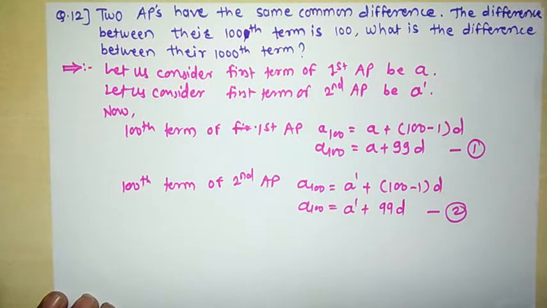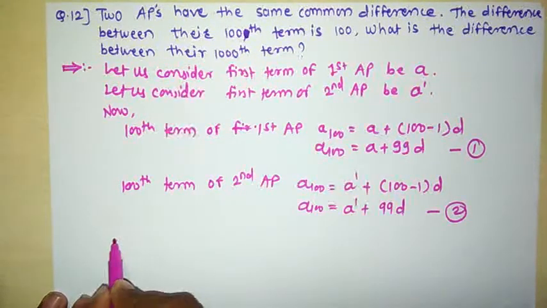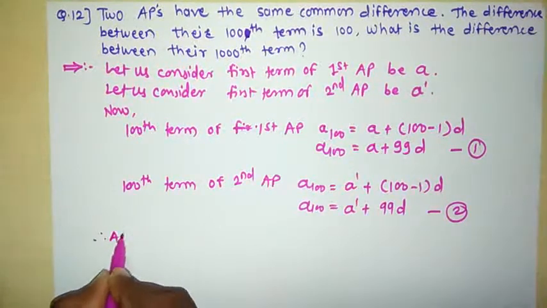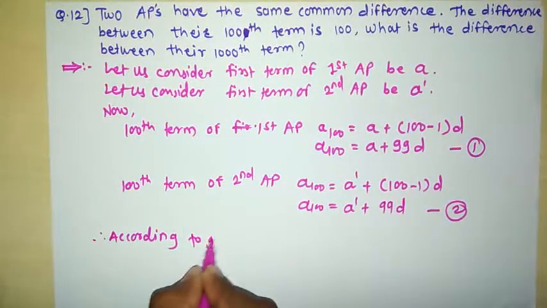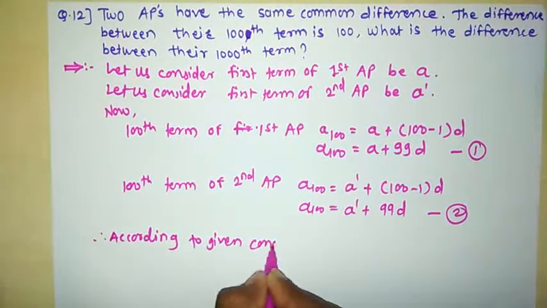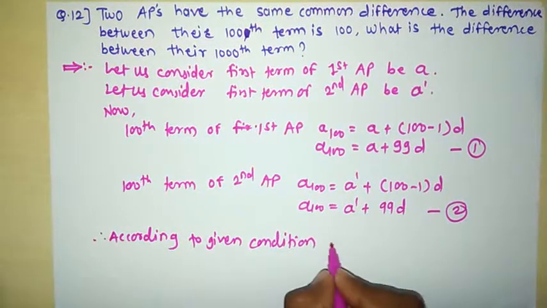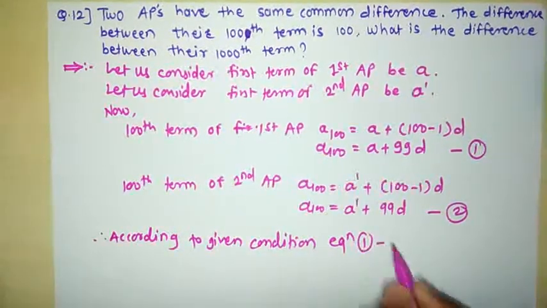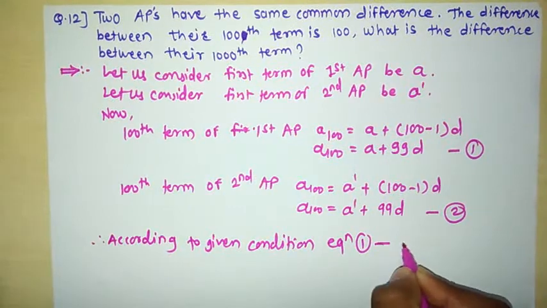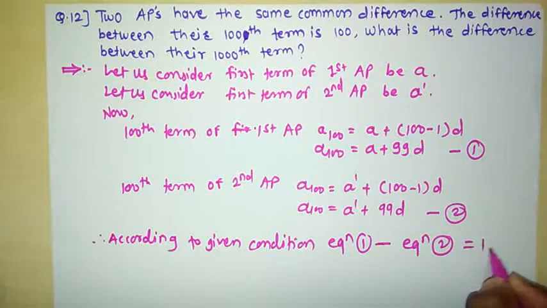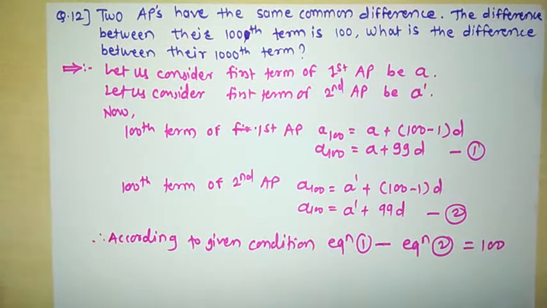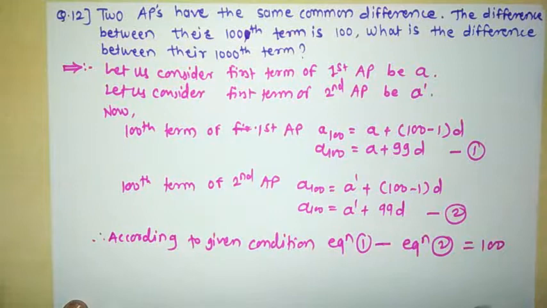According to the given condition, equation 1 minus equation 2 is equal to 100, because the difference between the 100th terms is given as 100.